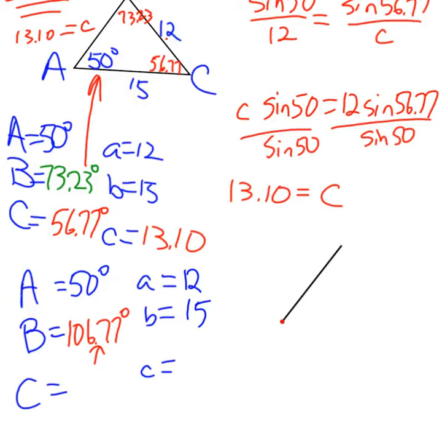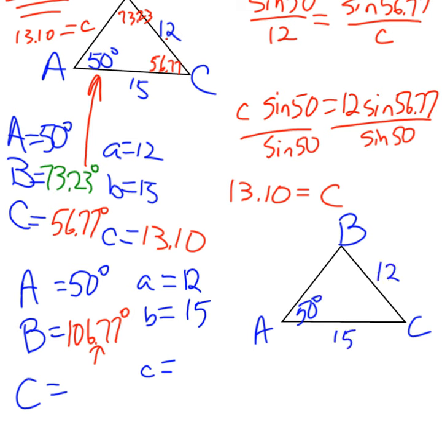So I want to come in here, and again, it's not going to be drawn to scale, right? So this is A, B, and C. We were given that A was 50 degrees, little a was 12, and little b was 15. Well, now that I found this alternate angle, and how did I find it? By taking the original 73.23 and subtracting that from 180 degrees, I get 106.77.